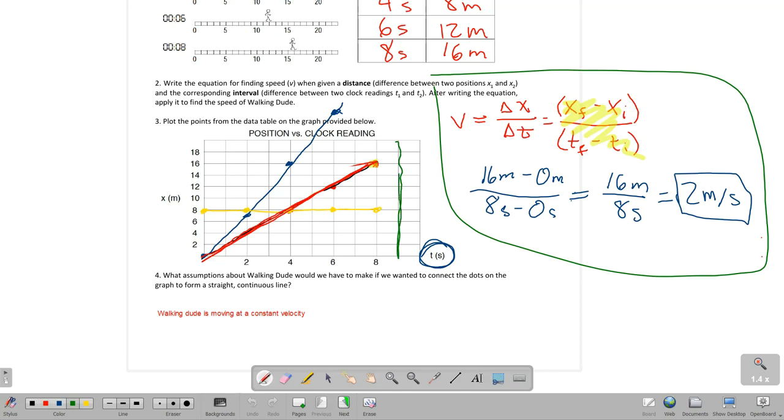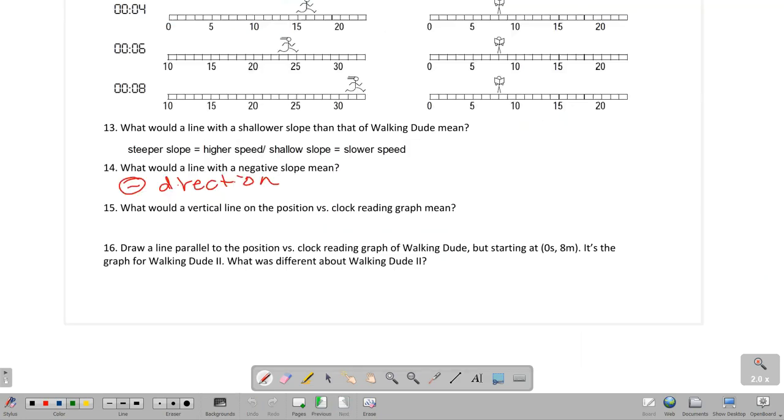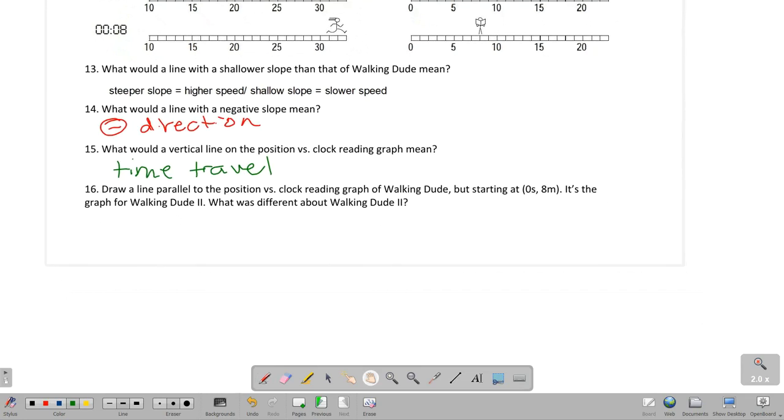That means that in the course of no seconds, you have traveled 18 meters, which, my friends, means that you have discovered time travel. So that's excellent.